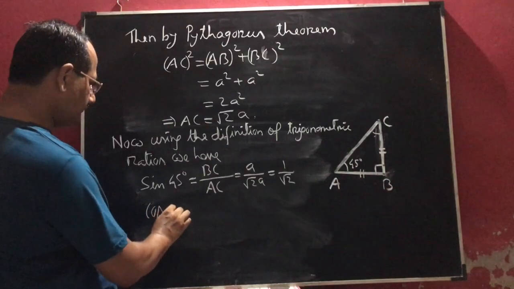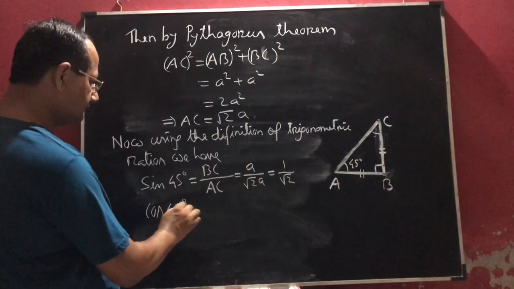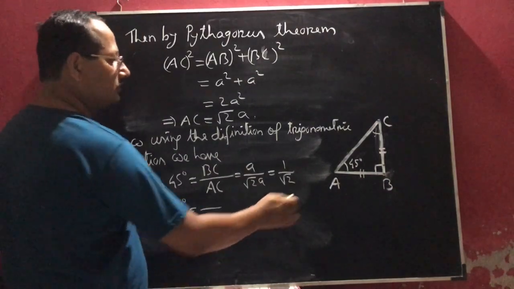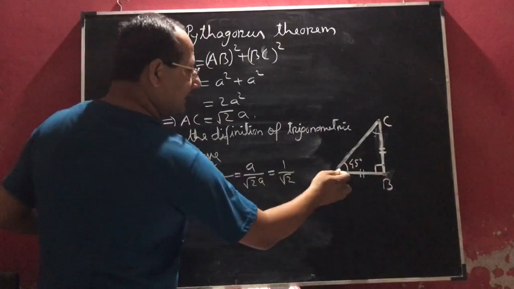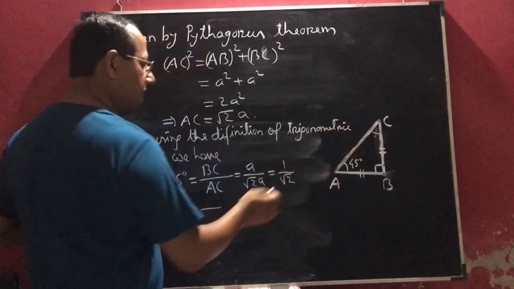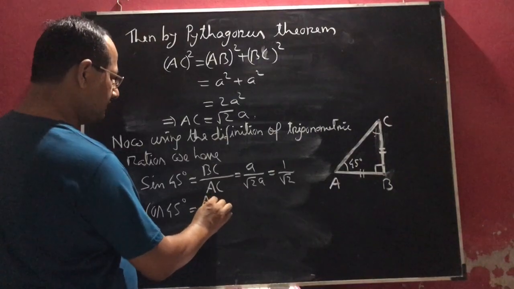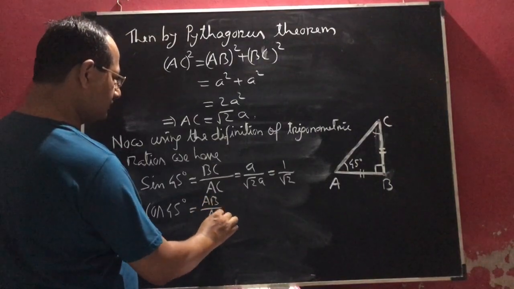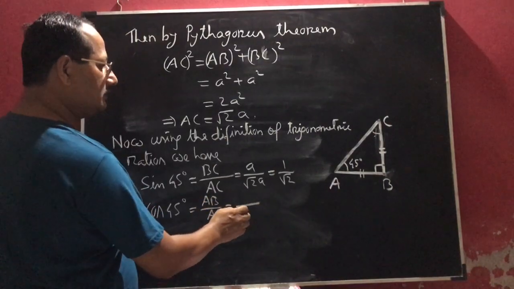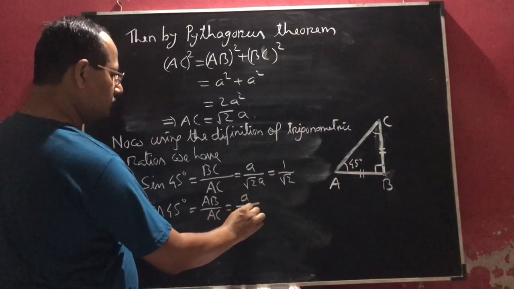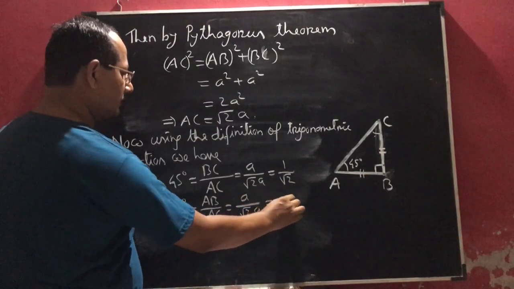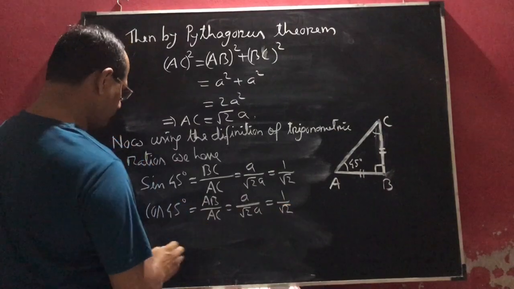Cos 45 degree: what is the cos ratio for this 45 degree angle? Adjacent side divided by the hypotenuse, AB divided by AC, that is a by root 2a, that is equal to 1 by root 2.